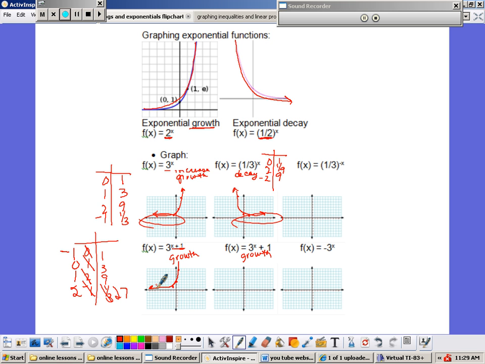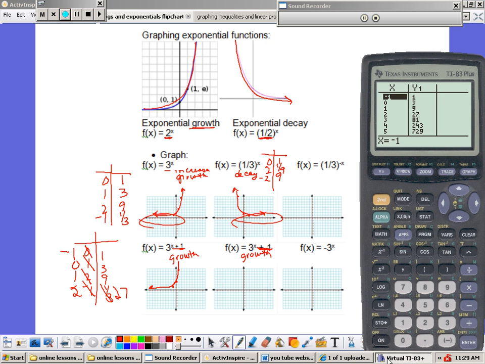From our transformations, we know that if it's added to the back, it moves up. So we had 0, 1, and everything's going to be moving up. So when we do this and we look at it, I'm going to take these parentheses off. Now what it'll do is raise it to the x and then add 1.